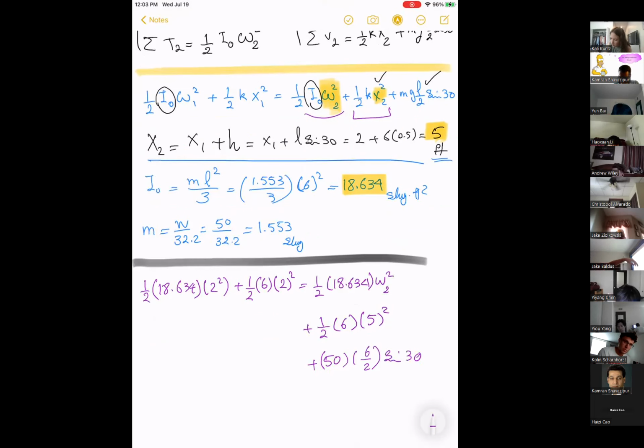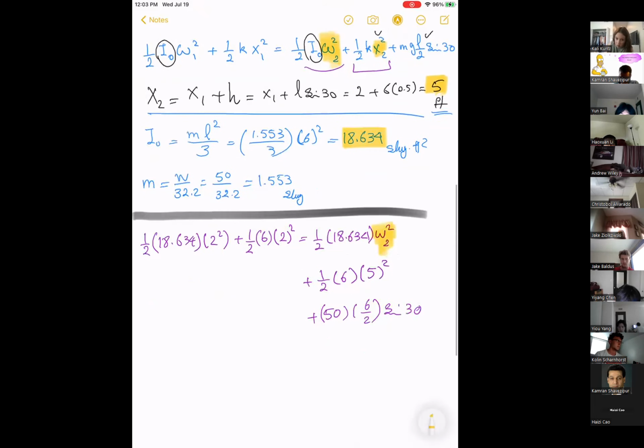So in this equation, the only unknown is omega 2 squared. I'm going to give you a minute to calculate this and write the final answer. So your omega 2 will be 2.3 radians per second. Please calculate and check if you get the same number, or maybe you have made some mistakes somewhere.